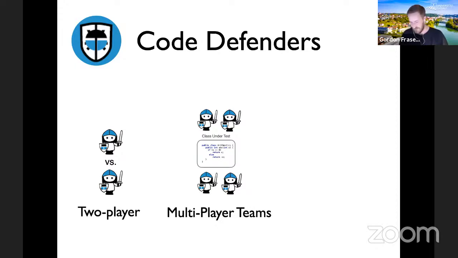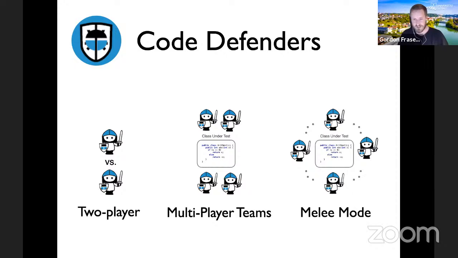And creating mutants and tests can be done asynchronously, so there's no waiting time involved. And we're currently exploring a new game mode called the melee mode, where essentially everyone plays against everyone else in the same game, and each player takes the role of attacker and defender.